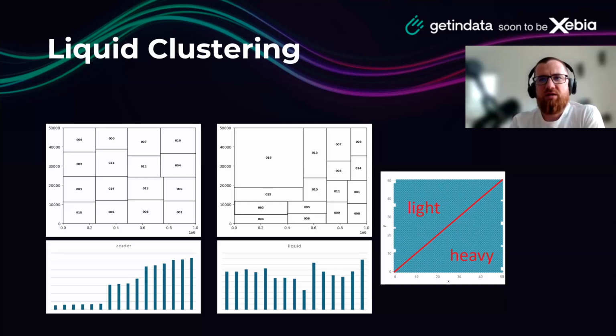And now, if we look at the diagrams on the left, you'll see how Z order worked compared to the liquid clustering. So in the Z order, you can see that those files are quite similar in size if we look at the blocks on the table, but the volume on the bar chart is quite different. The first 6 are those files that cover only the light part.